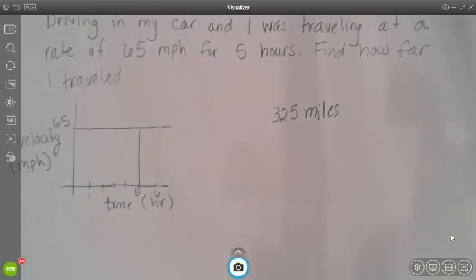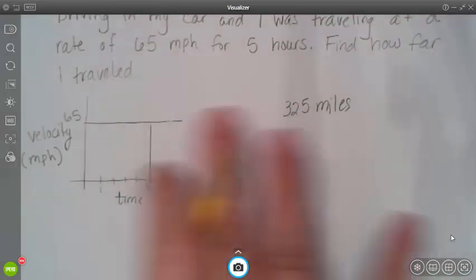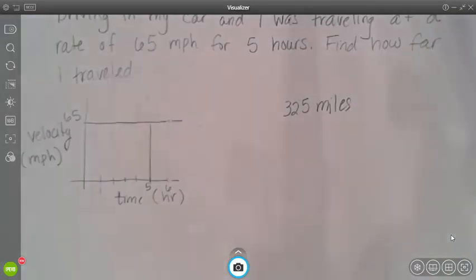So if I look at that graphically here, I want you guys to think about where that 325 is represented on this graph.